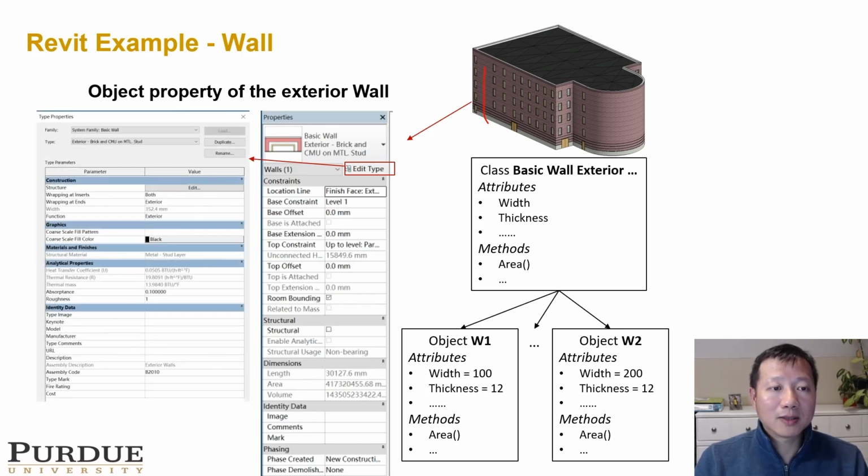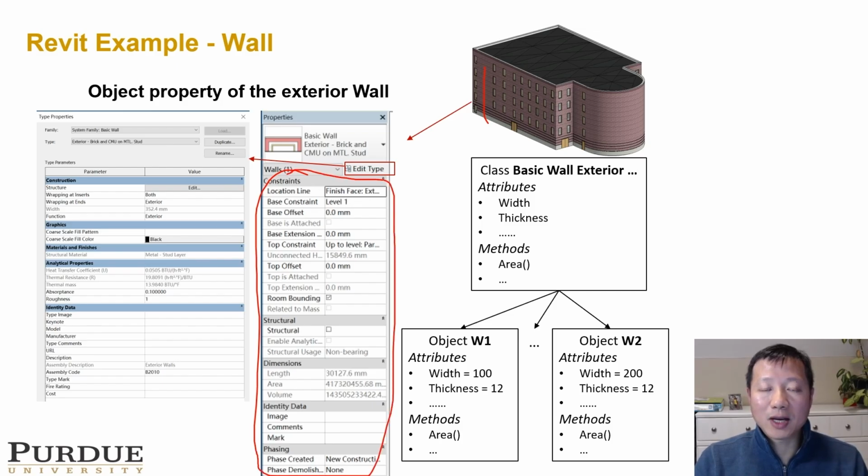Here you see a list of parameters, which are still attributes, and the behavior, and the values. So it's a list of attributes with values. That's a very interesting observation.